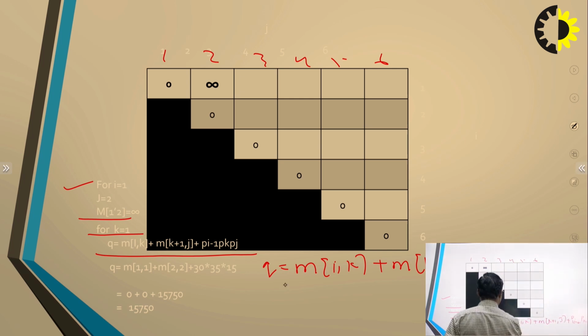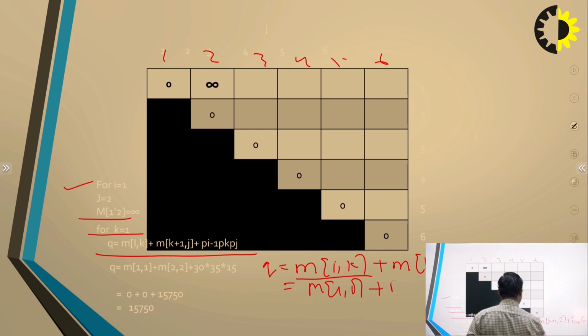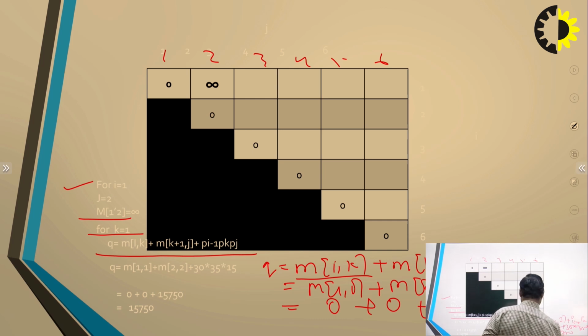Then find the value: M[1,1] + M[2,2] + 30, 35, 15. Here M[1,1] is 0, M[2,2] is 0, and this value is 15750.